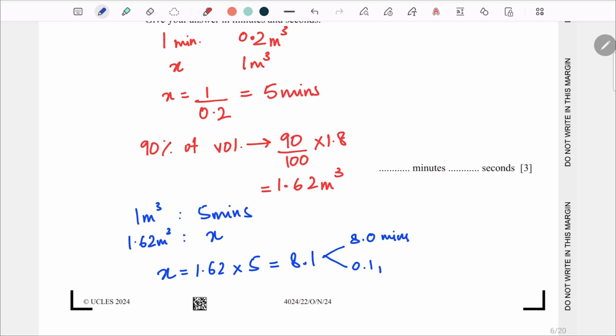Both of these are in minutes. So in order to convert 0.1 into seconds, I'm going to multiply 0.1 by 60 and I'm going to get 6 seconds. So the total time taken is 8 minutes and 6 seconds.